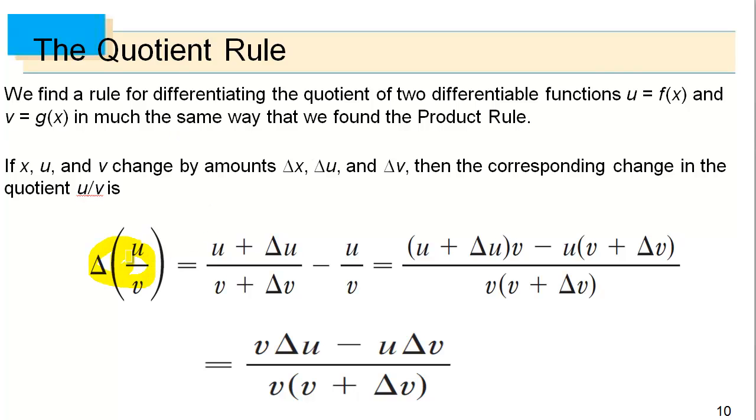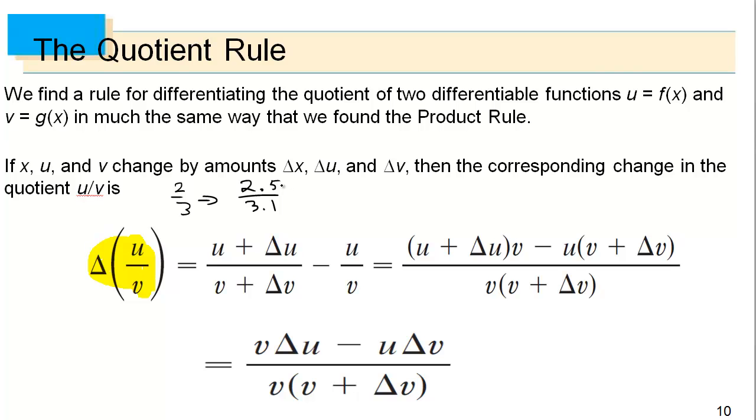Right? This is just saying how much is u over v changing. This is the change in u over v. Well, it's going to equal u plus a little bit of a change in u over v plus a little change in v minus where it started originally. Right? So think about something as simple as 2/3 changing by 2.5 over 3.1.